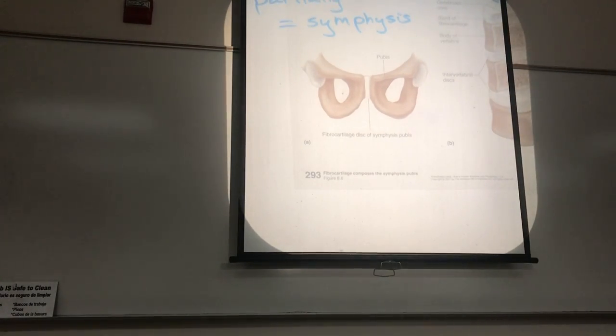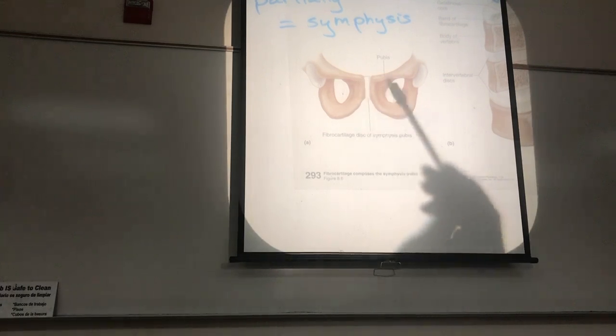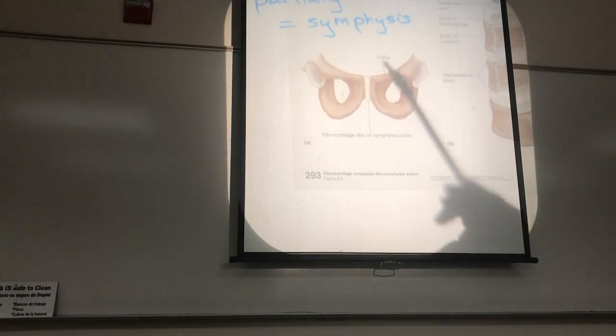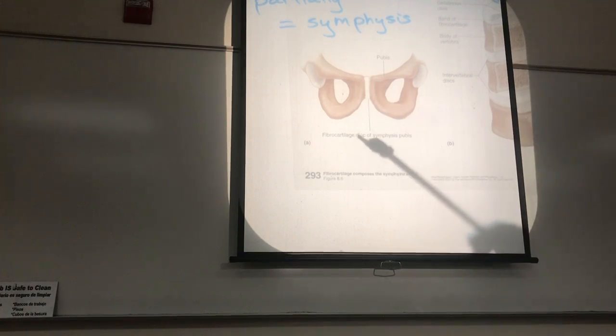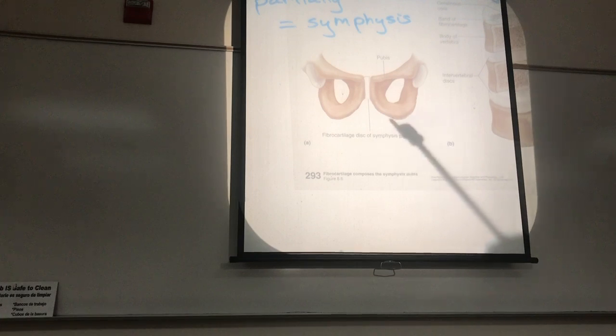So at the front of the pelvis, the two pubic bones in life, not on our plastic skeletons, would be joined together with a fairly nice thick pad of fibrocartilage. And that forms the structure called the pubic symphysis.